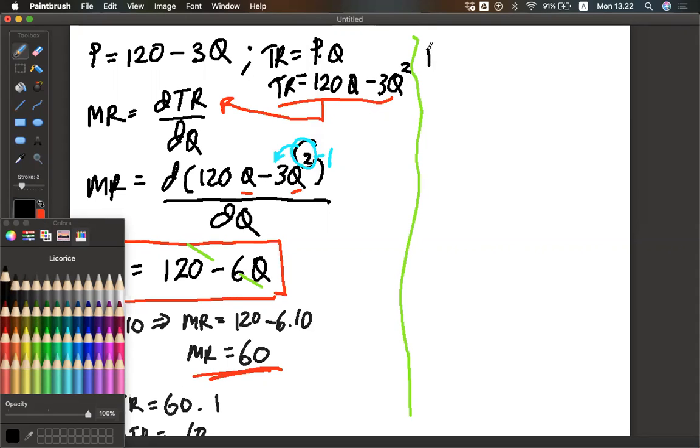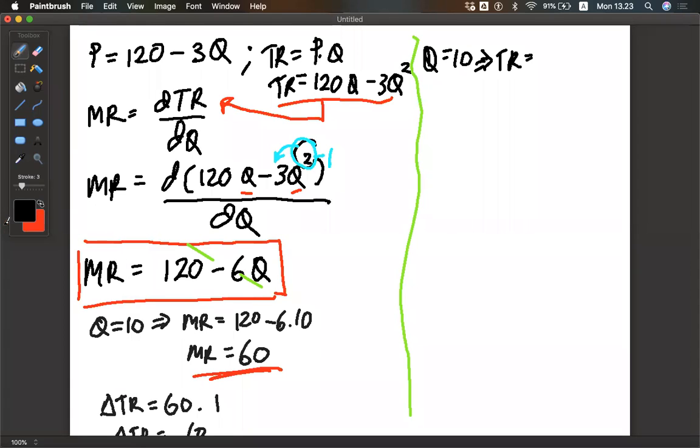So if the Q equals 10, then we will have TR. If we put it in TR, how is the change in the TR, or total revenue, if the quantity increased by 1?